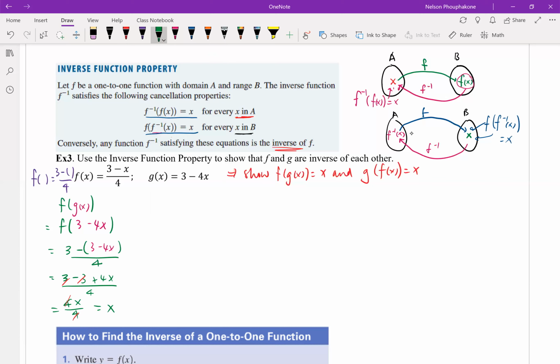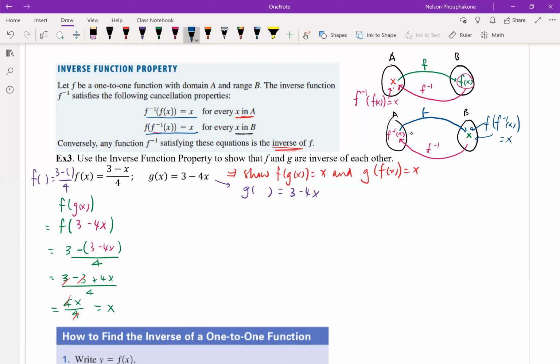Now it is your turn. Go ahead and try to show that g of f of x also equals x. Again, to the g function: g of the input is equal to 3 minus 4 times the input, right?